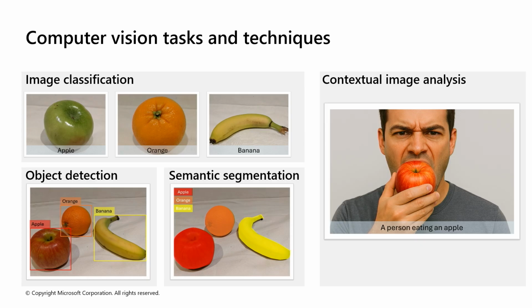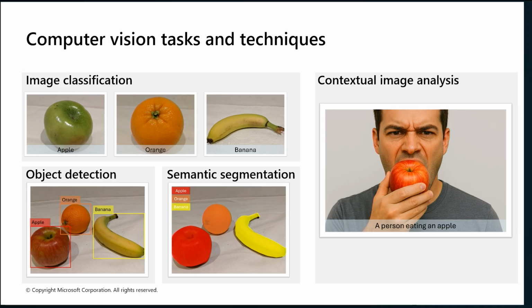In business, this is used to generate image captions, or to tag content automatically, and understand activities in images for media, security, or analytics. This task combines vision with language for deeper understanding.